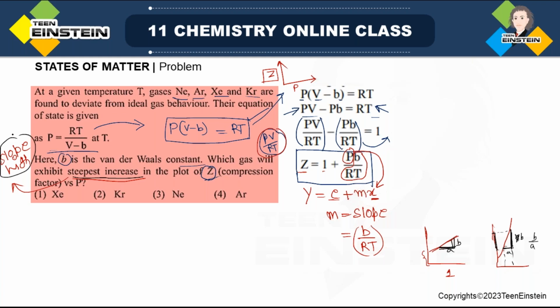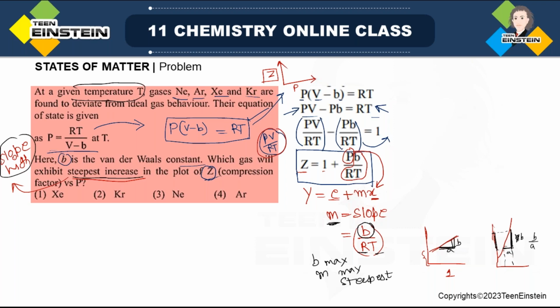When slope is high, when b is very high, because R is constant, temperature is constant. It is mentioned in the question, given temperature, that means temperature constant. So in the slope, the variable part is only small b. So when b is max, then you can say slope is max. b max, m is max. That means it will be steepest.